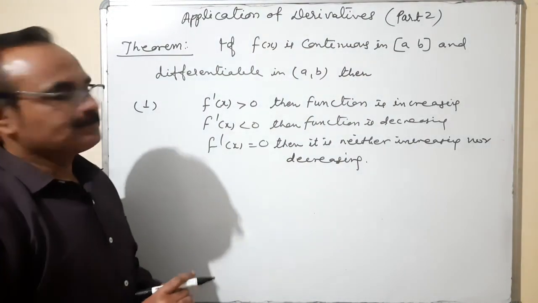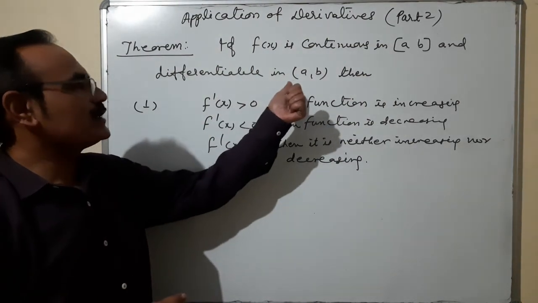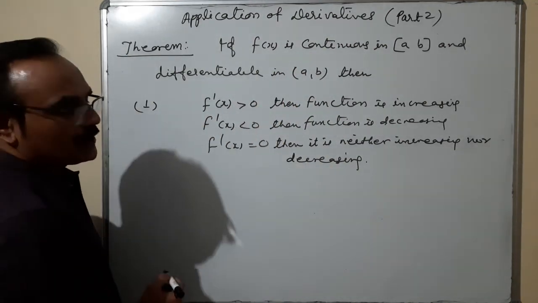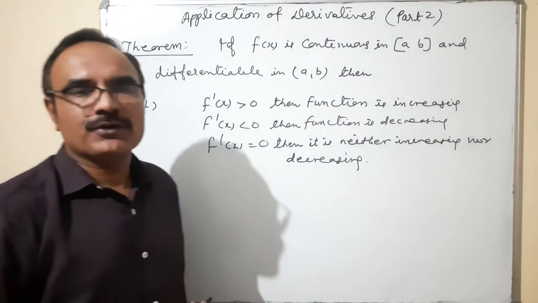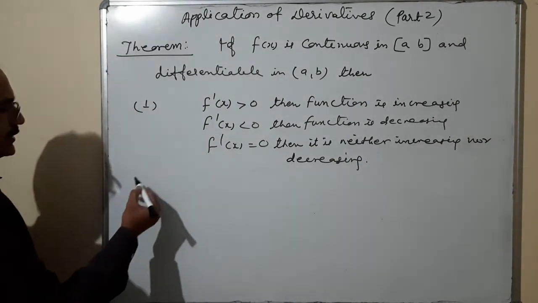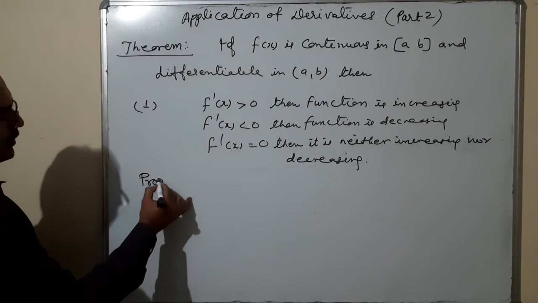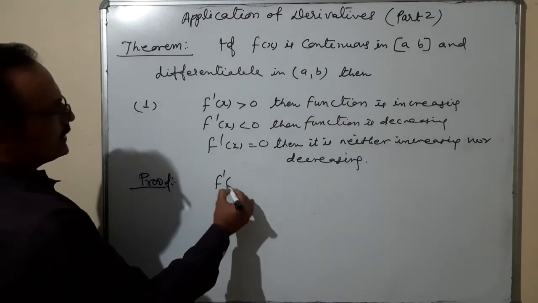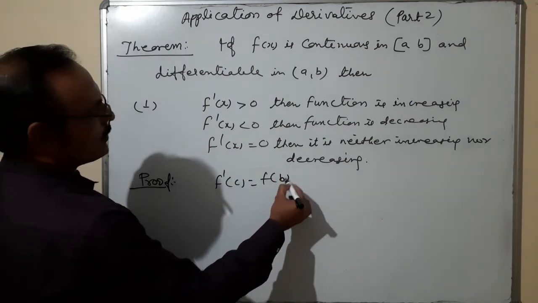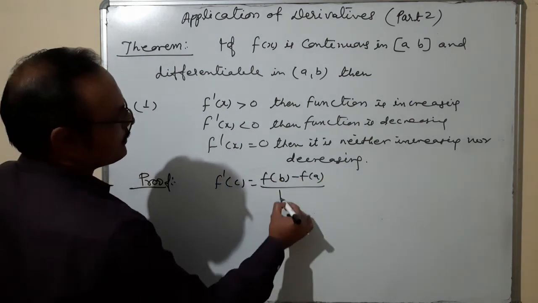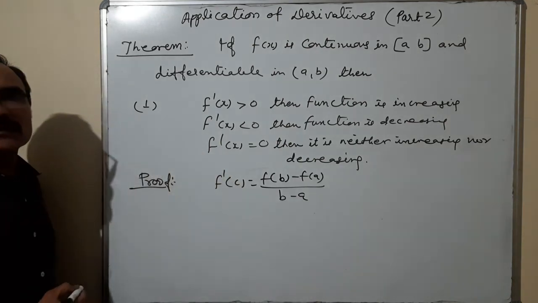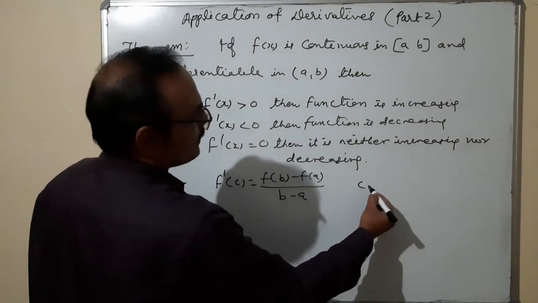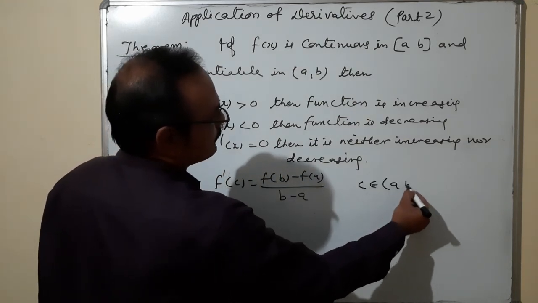How will we understand this? We are taking any point C in between them. You remember the mean value theorem; its third point says f dash C is equal to f of B minus f of A upon B minus A, and this C belongs to AB.